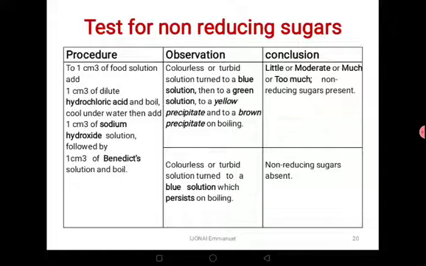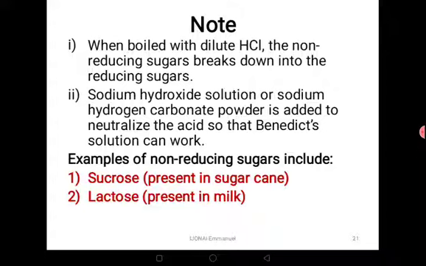We break them down to produce reducing sugars. And then we test the reducing sugars that have been produced using the Benedict's test. Yes, we carry out the Benedict's test on the reducing what? Sugars.